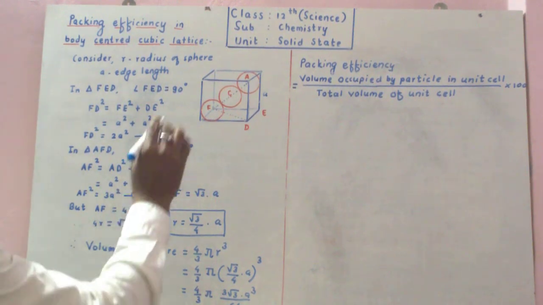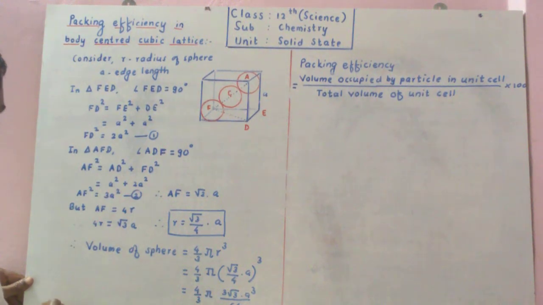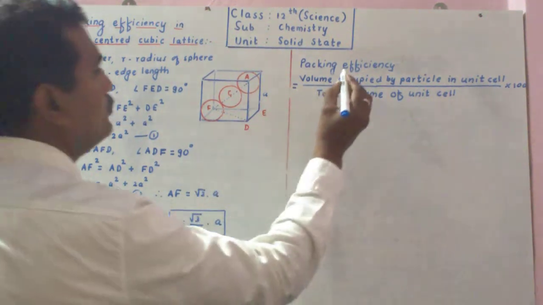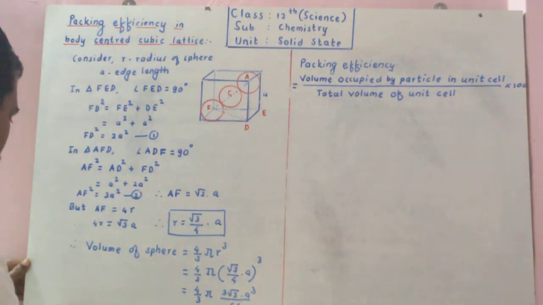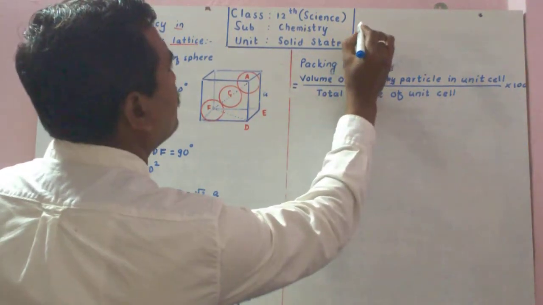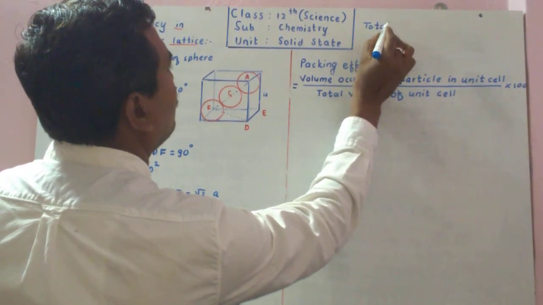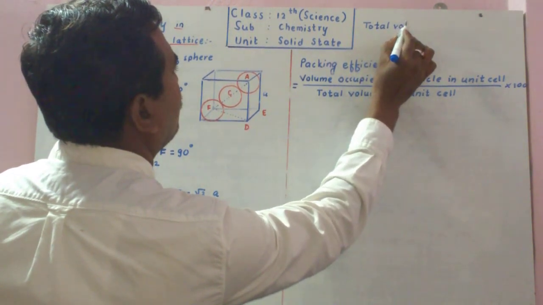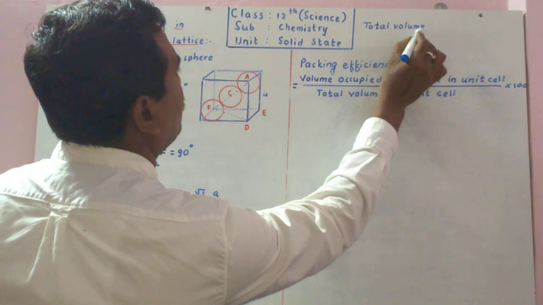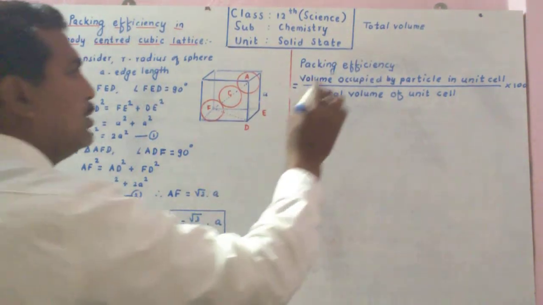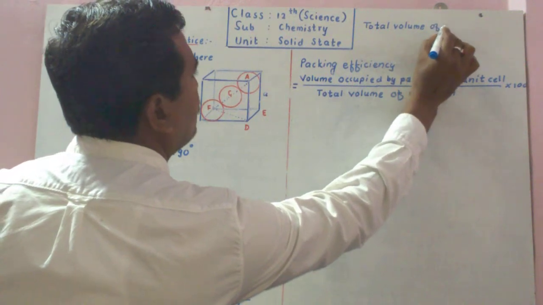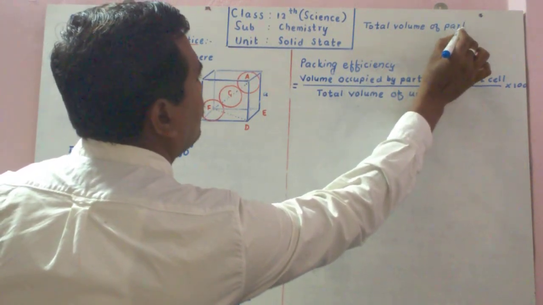So the total volume of two particles will be multiplied by 2.